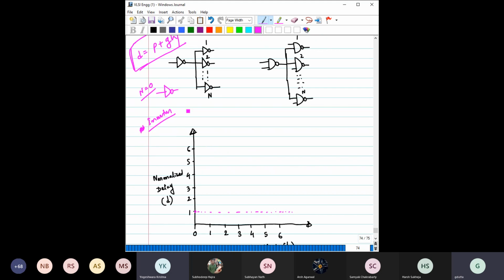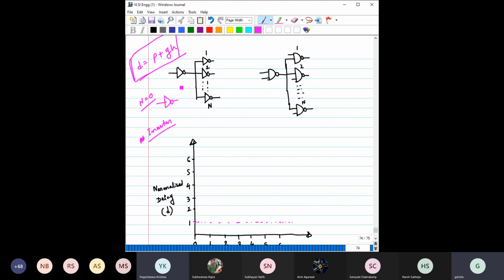Right. Okay. Now, what will be the delay when n becomes equal to 1? So n equal to 1 means basically h is also equal to 1. I hope you can recall that, because h is equal to C out by C in. So here C out and C in become equal, so that makes h equal to 1.